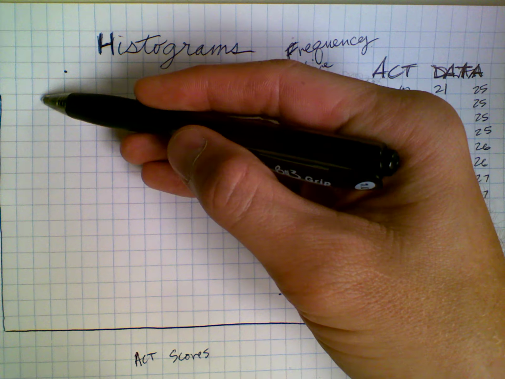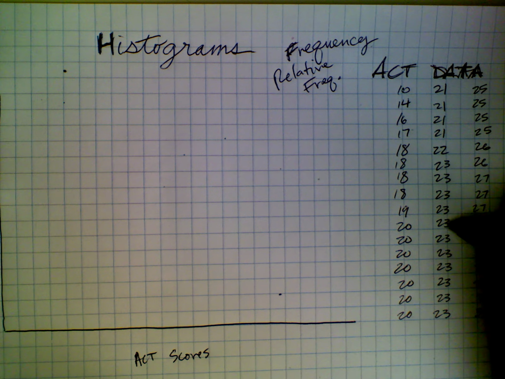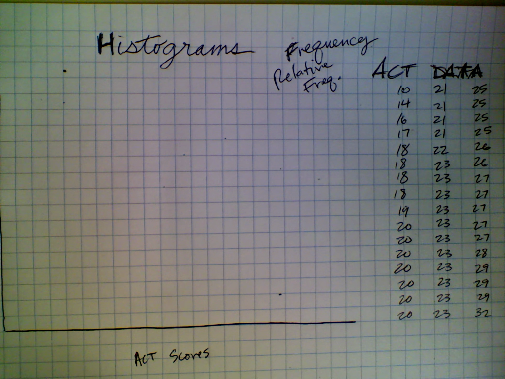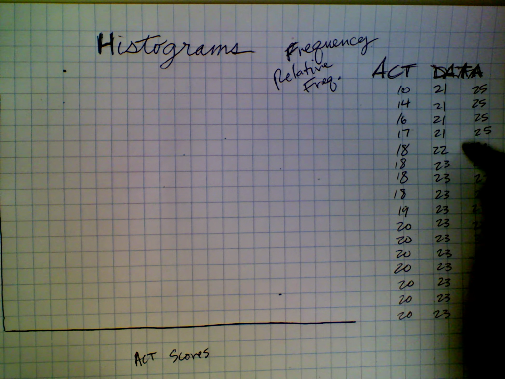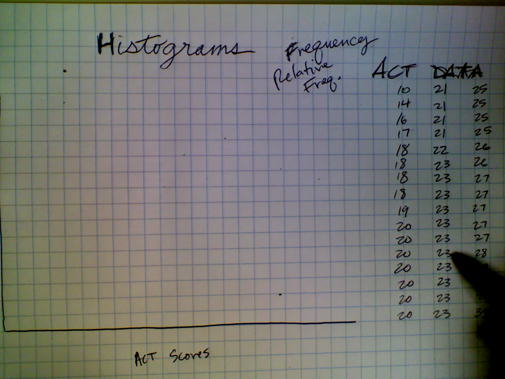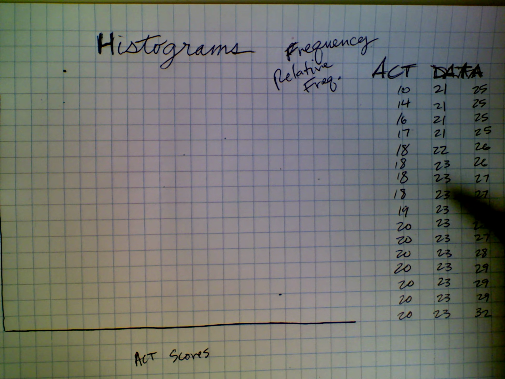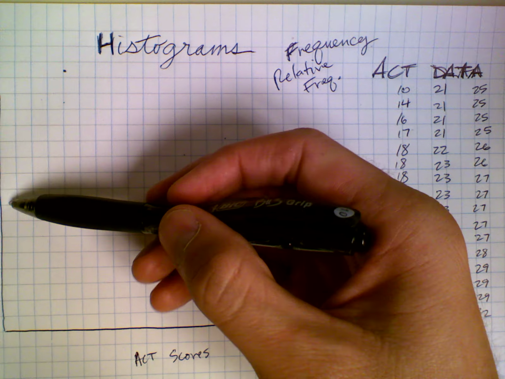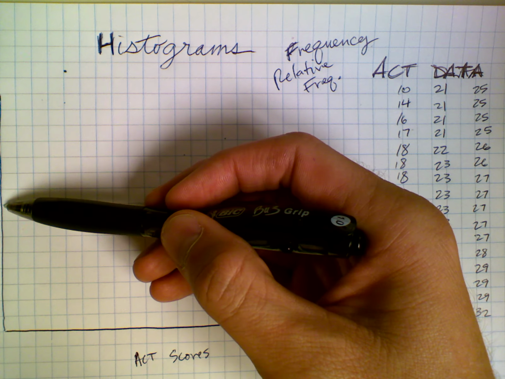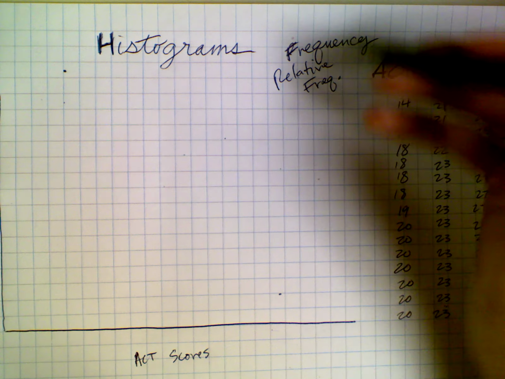Over here on the left, it's just going to be counting how many 23s there were, how many 20s there were. A relative frequency histogram is going to be percentages. So I would need to know how many data points I have total. I've got 48. And in my 23 bin, I think there were 11. So I would get a percentage, 11 out of 48, and I would put a probability or a percentage over here instead of a number.